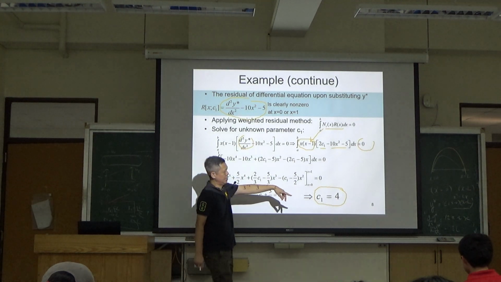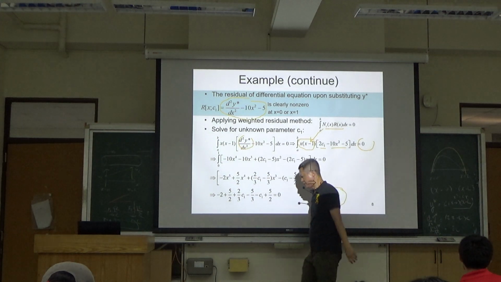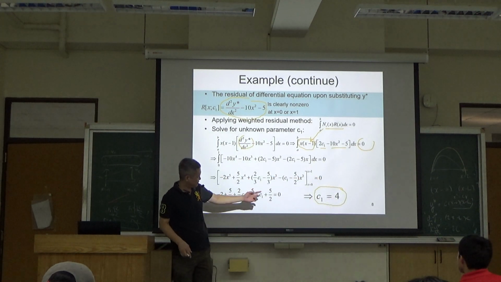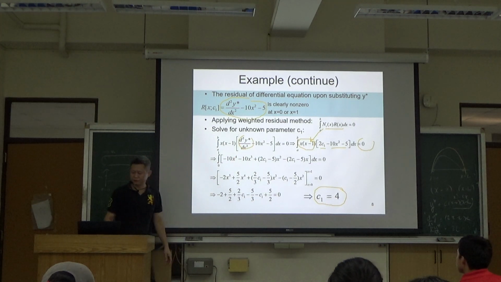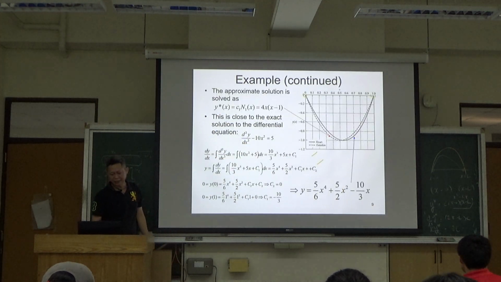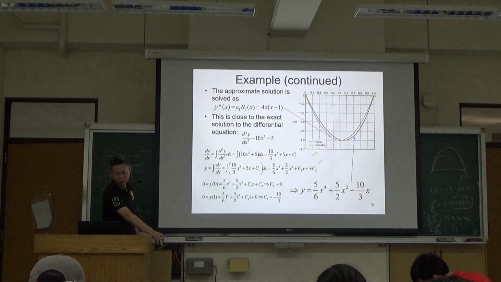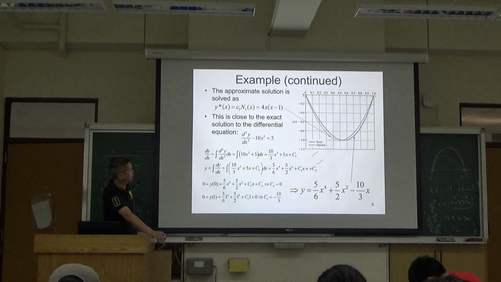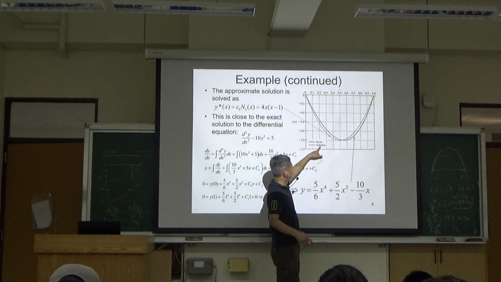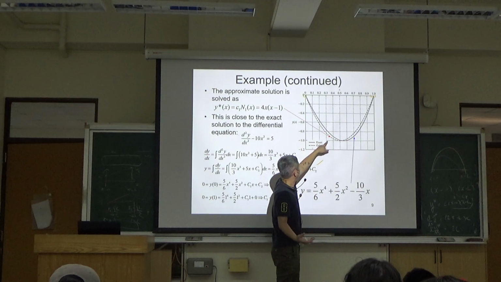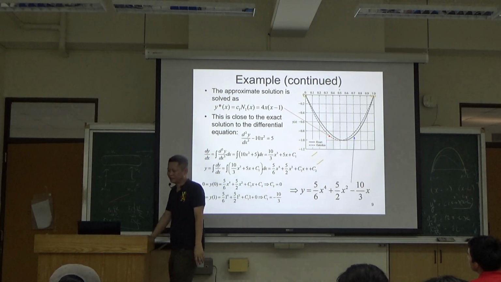Because currently I have only one unknown coefficient C. So I can change my C to fit the value to force the residue to 0. So in that way, then it is possible to find out an alternative solution. These alternative solutions are what we call the Galerkin method. It fits quite well to the exact solution.